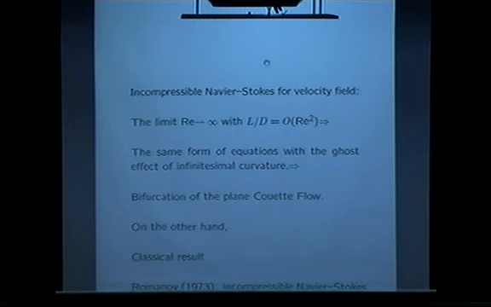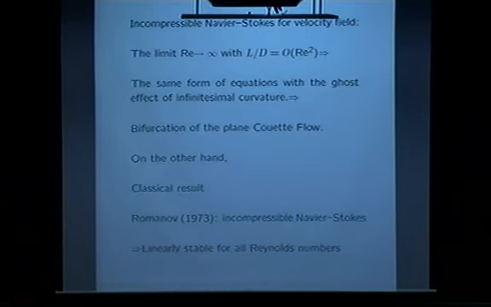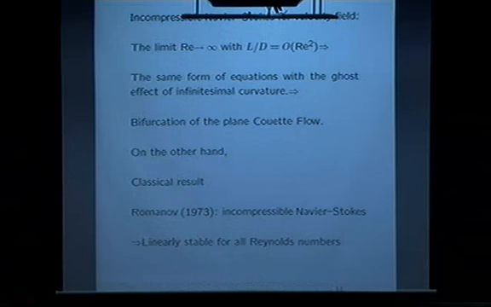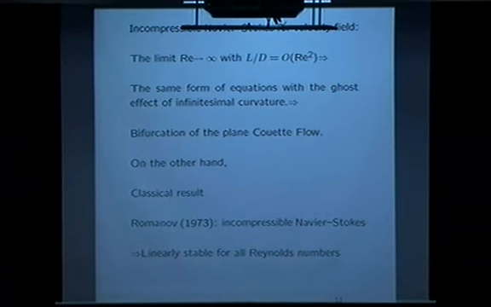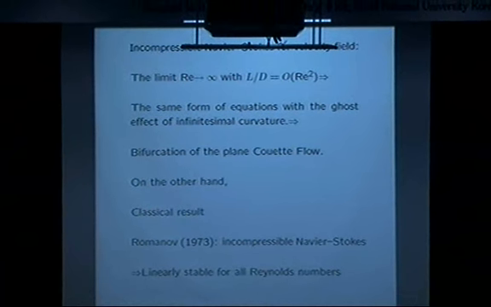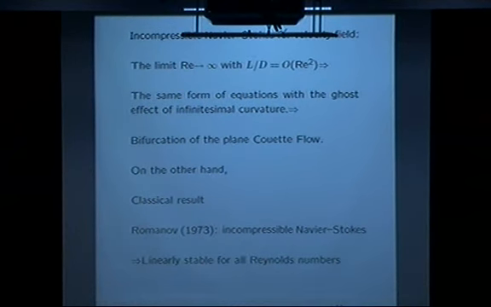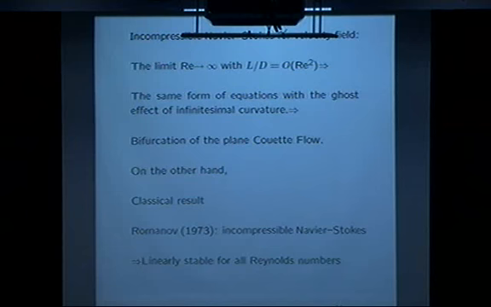Okay, I repeat again. You can get a similar type of equation if you start from the compressible Navier-Stokes equation for the velocity field, because our energy equation is different from the incompressible Navier-Stokes equation.